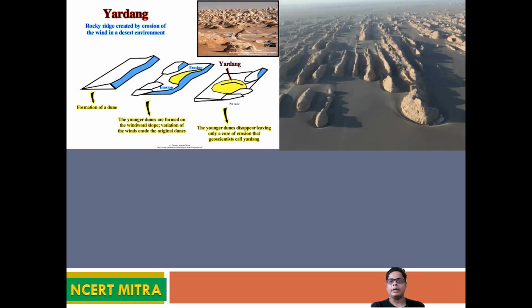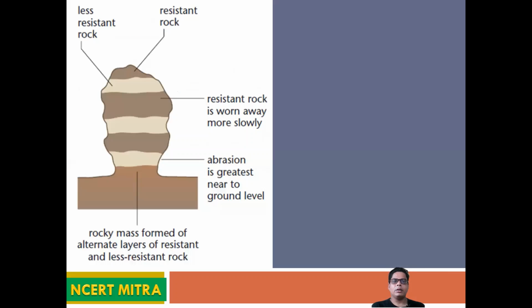The younger dunes disappear, leaving only the core of erosion. That also makes the yardang. You can see it in my background. So the yardang is another erosional landform found in desert, arid and semi-arid areas.